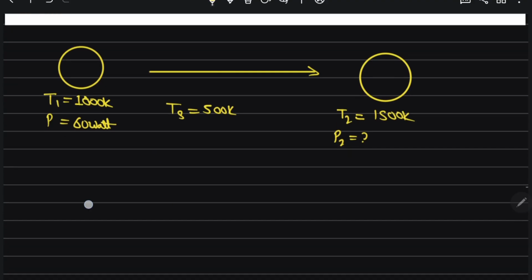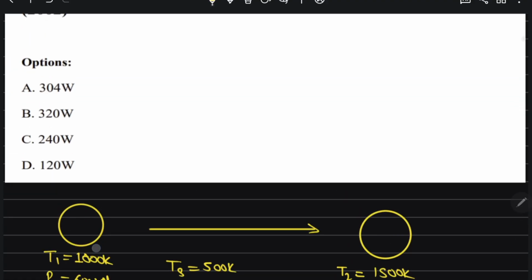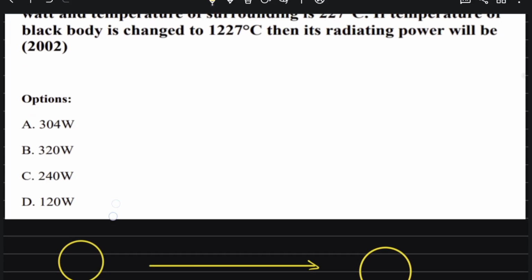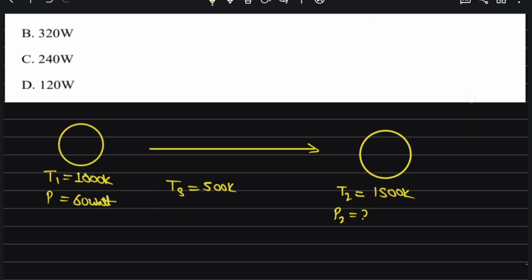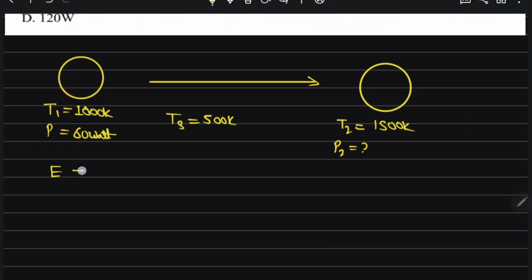We know that energy is equal to sigma times the temperature of body to the power 4 minus temperature of surrounding to the power 4. So this is E2 minus E1, and I say this is power, sigma A. So this is P2 by P1.